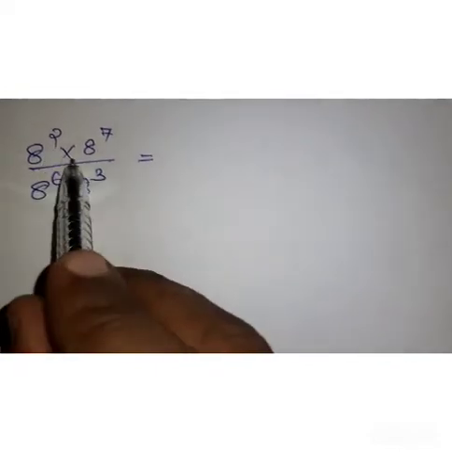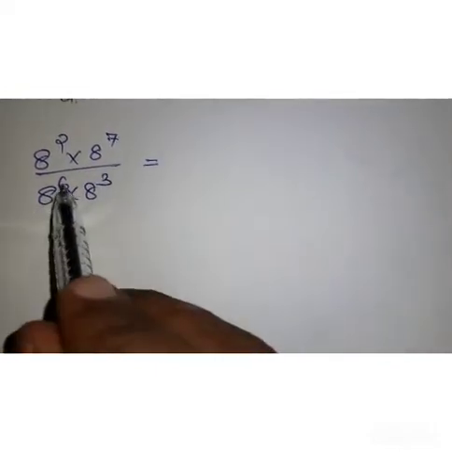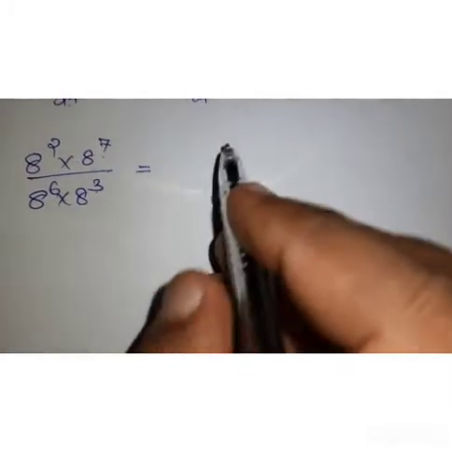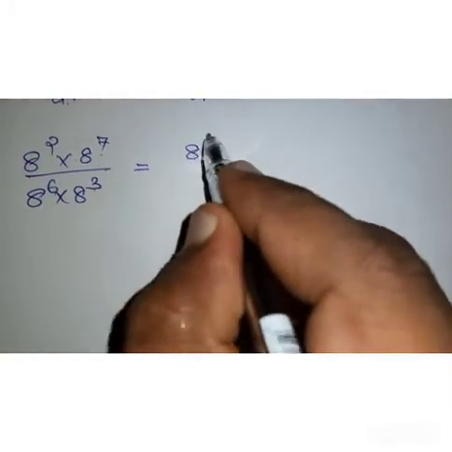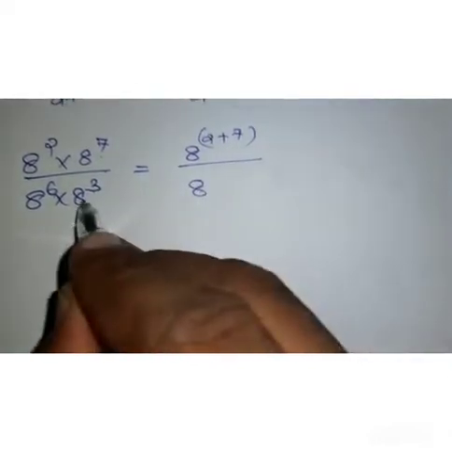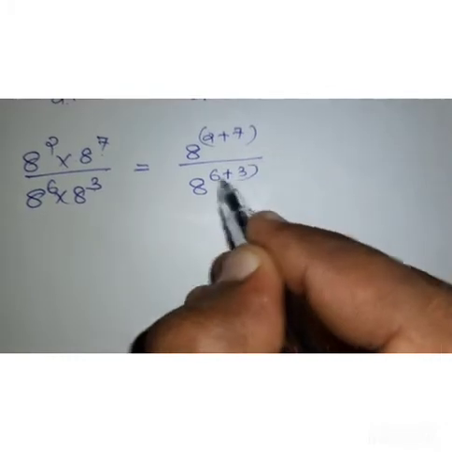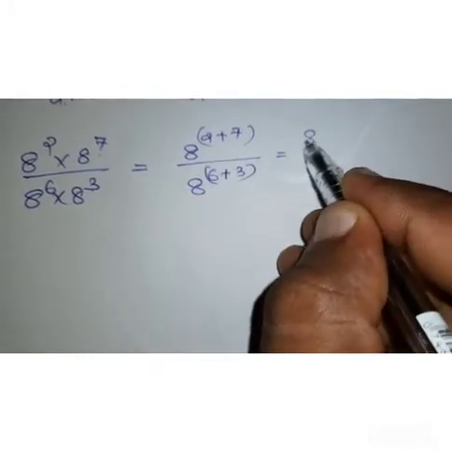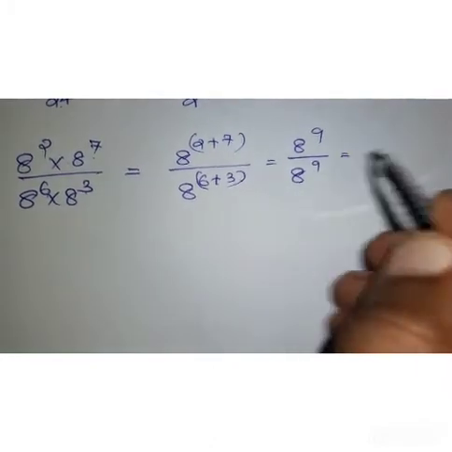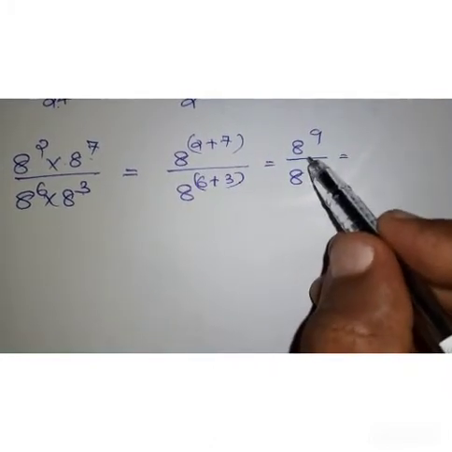8 raised to 2 into 8 raised to 7 divided by 8 raised to 6 into 8 raised to 3. First we do the multiplication rule: 8 raised to 2 plus 7 divided by 8 raised to 6 plus 3. So it is 8 raised to 9 divided by 8 raised to 9. What will we get? The same number is divided.